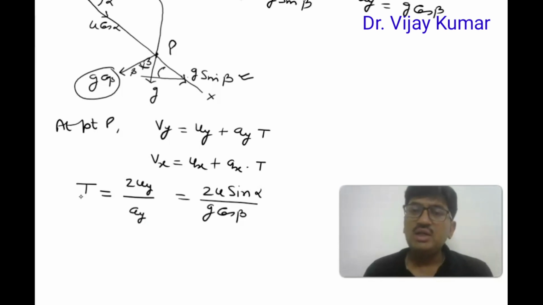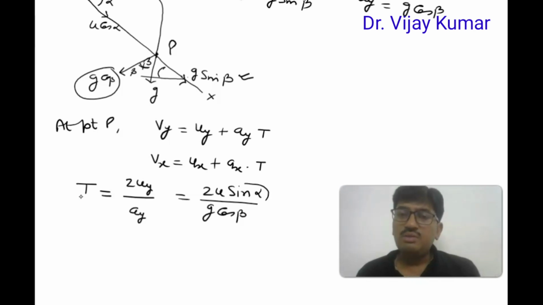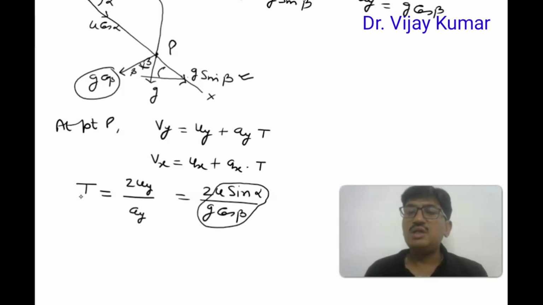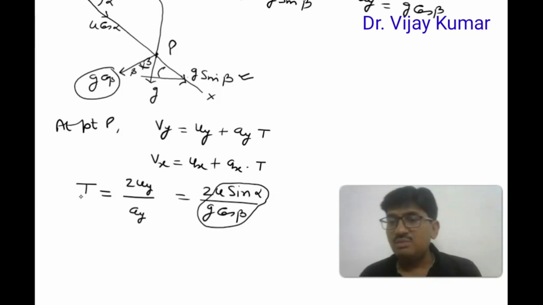Actually, we know that the time of approaching the highest point is U sin alpha upon g cos beta. So twice the time of approaching the highest point represents the time of flight, 2U sin alpha upon g cos beta.